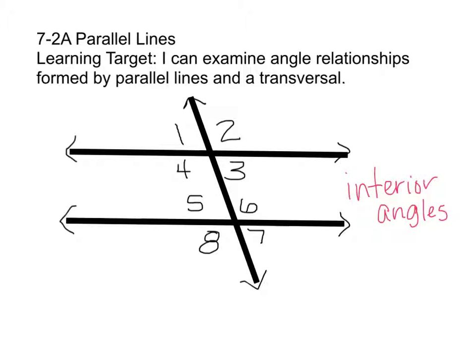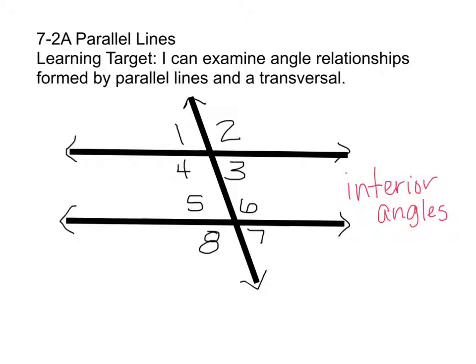If you already know what that word interior means, inside, like the inside of the car, the inside of the classroom, interior angles means the angles inside the parallel lines.